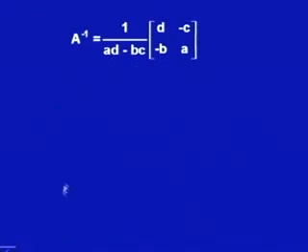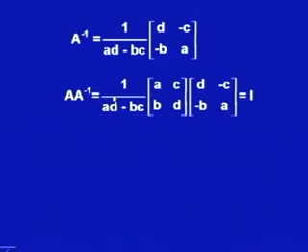Let us verify that this actually is an inverse. We multiply A by A inverse and see that it comes out to be an identity. The first element is AD minus BC, which divided by the determinant is 1.